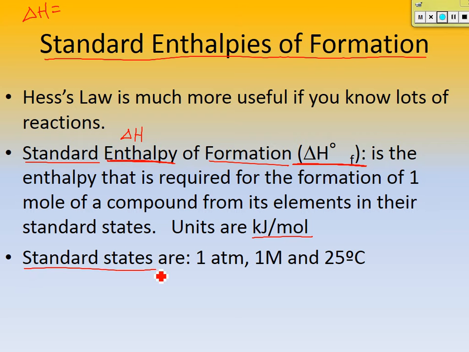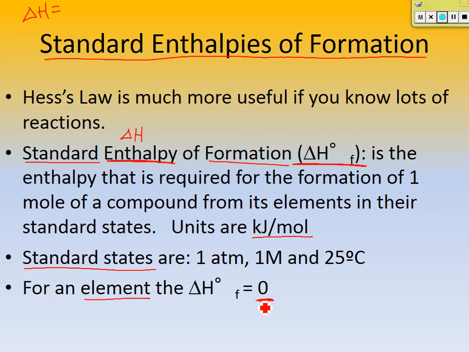If you were going to go to a lab and do a chemical reaction, most likely you're going to be really close to standard states. For an element, the standard enthalpy of formation is what? It's 0. So we'll remember that today. And you'll see on your data tables that if you look up just an element, it's going to be 0.